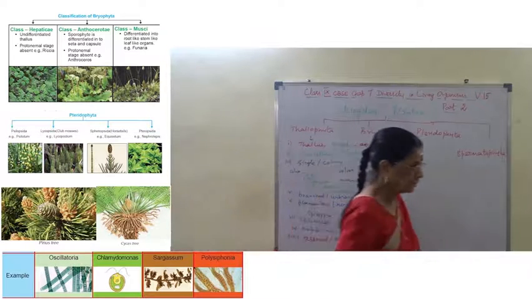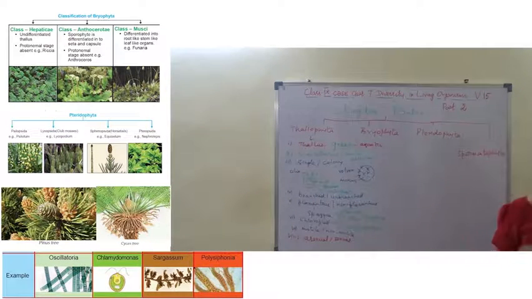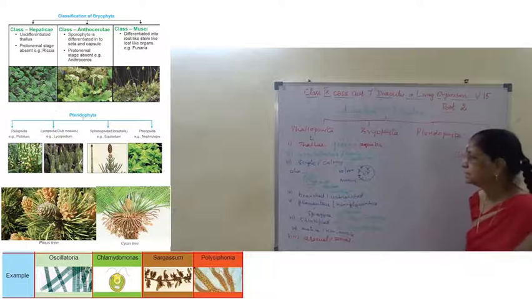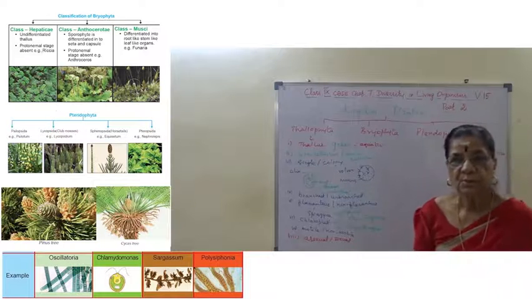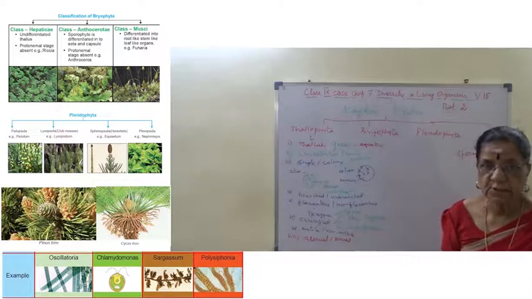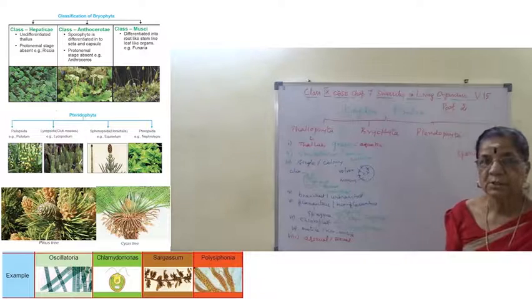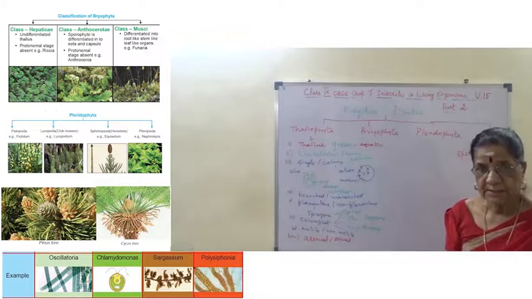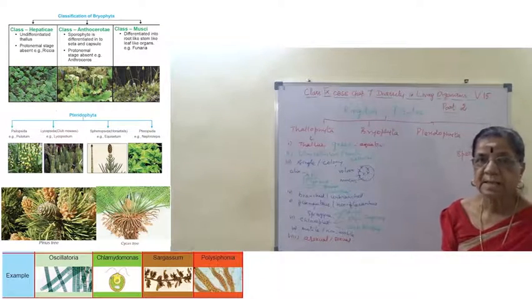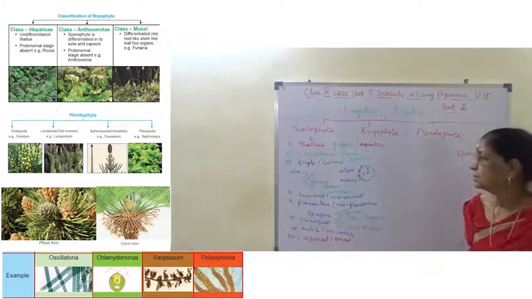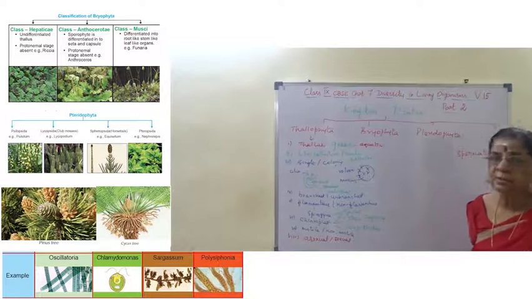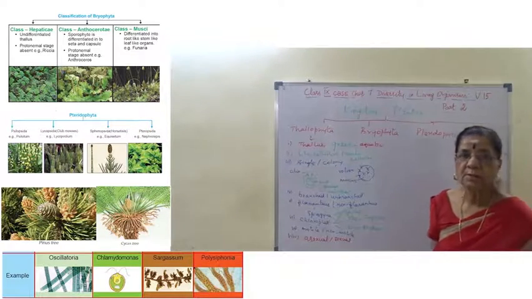So, I first mentioned the characteristic features of division Thallophyta. Plant body is called thallus, green in color, aquatic habitat. Second, they are unicellular or multicellular.